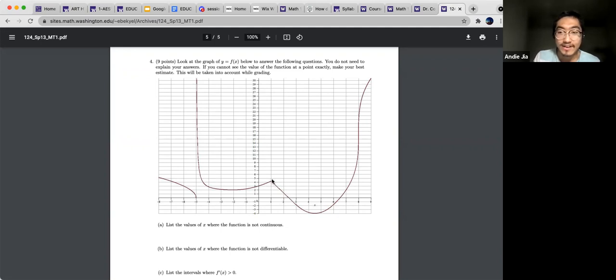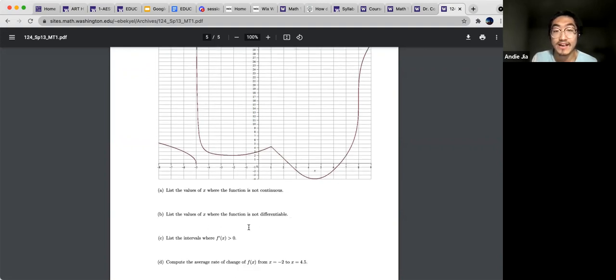Because the function is continuous at x equal to 1, since the limits from the two sides are the same, but it is not differentiable. So part B is x equal to 1, because if we take the derivative, the left side is positive, the tangent line slope is positive, and the right side is negative.